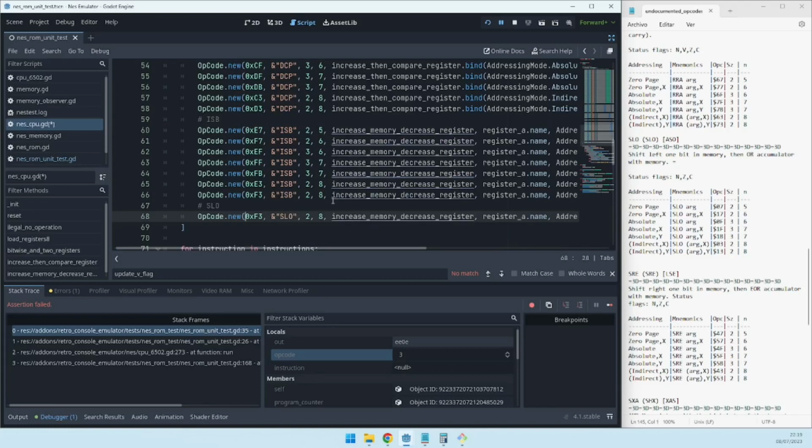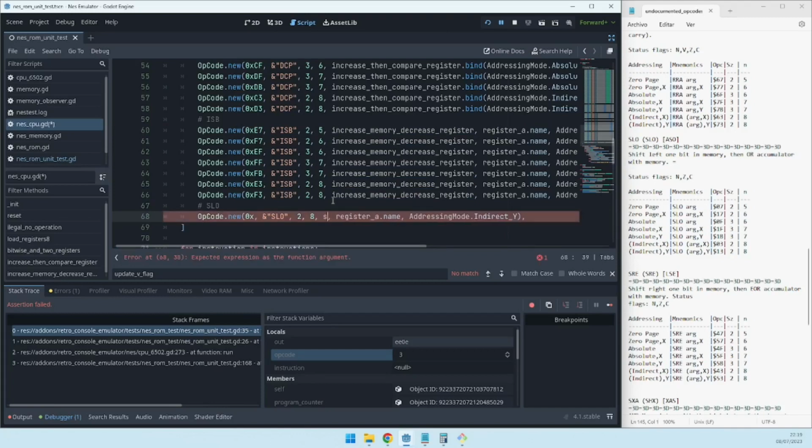SLO. Remove the opcode. Let's change the name of the function. Shift left memory, then logic OR register.